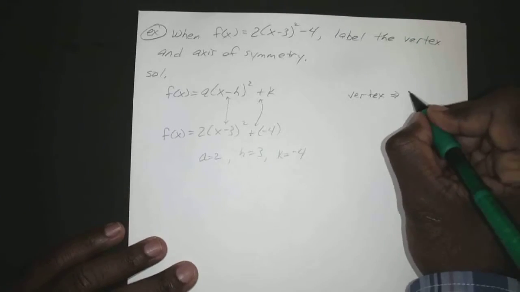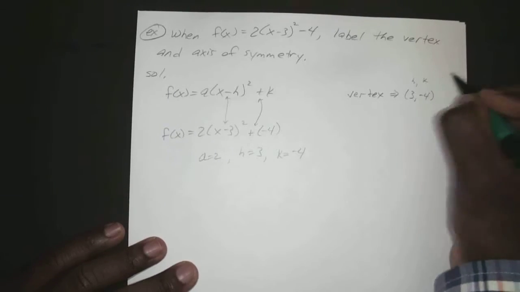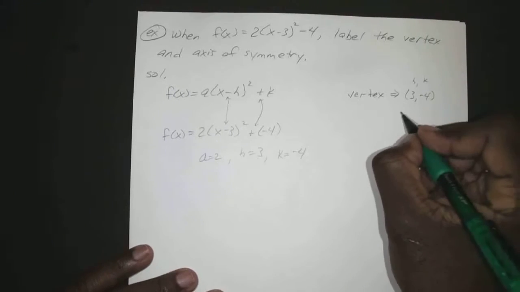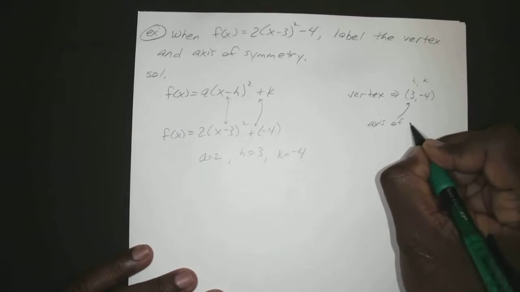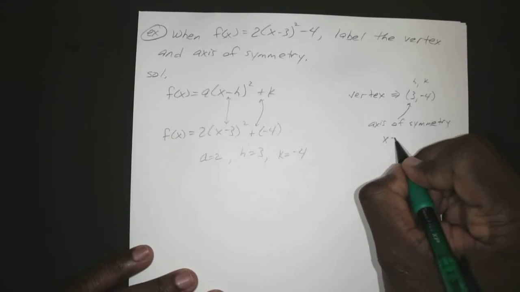So it's 3, negative 4, which is our h and our k. Okay. And we know that the x value of our vertex is our axis of symmetry. Axis of symmetry is x equals 3.